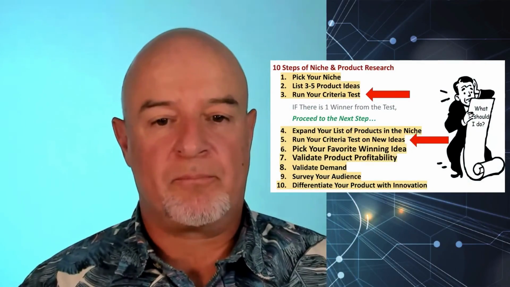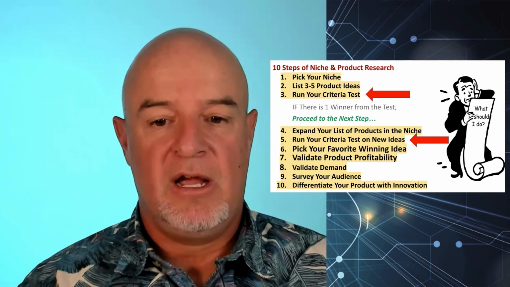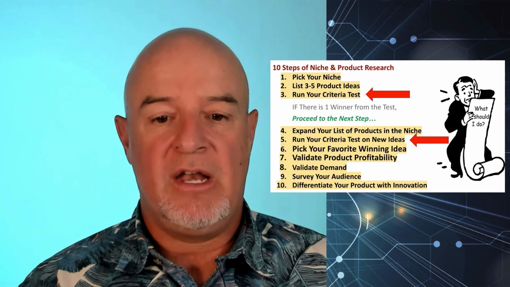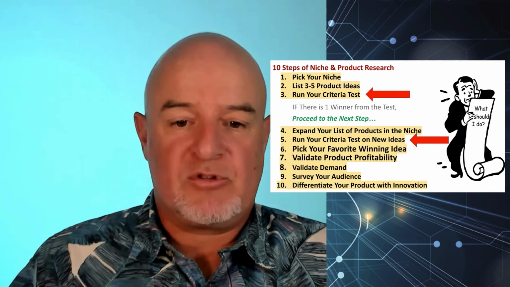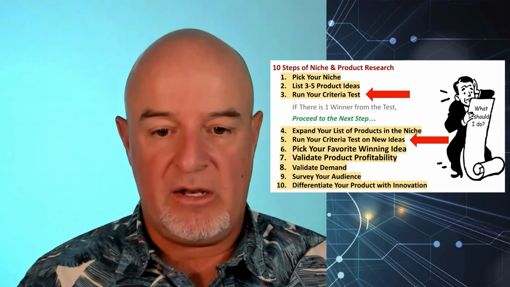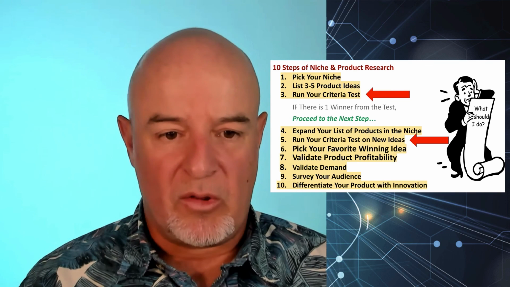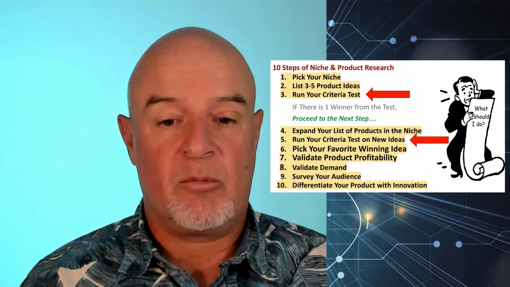There we are. You just learned to run your criteria test, and you can use that in both steps 3 and 5. Next, we are going to be going into those next steps with validating profitability, and we're going to be looking at the life cycle of the product as well, and we're going to be using social media to validate the product, okay?